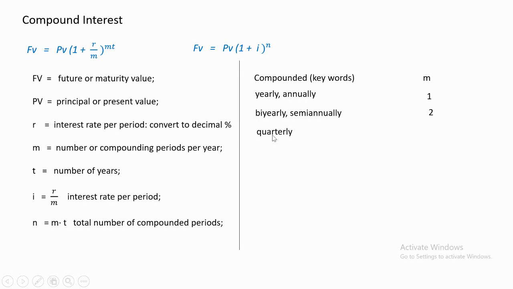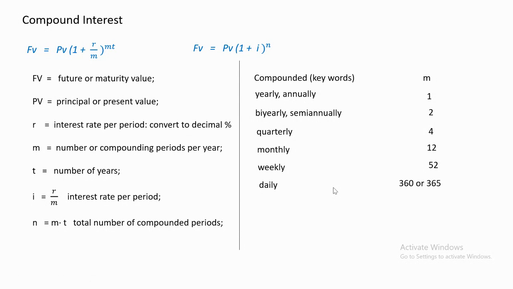Quarterly means M is equal to 4. Monthly is 12 because there are 12 months in a year. Weekly will be 52, since there are 52 weeks in a year. And daily, it depends. If the book says to use 360, then you use 360. If the book doesn't state what they want for days, you put 365. It can be 360 or 365, but most of the time they use 365.